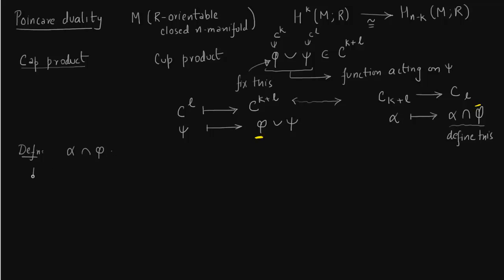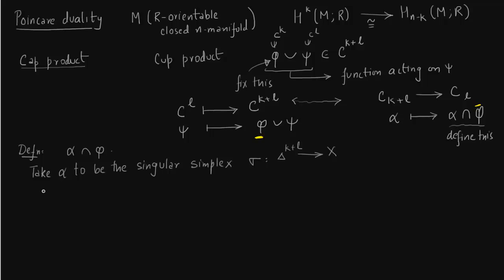First we have to take a representation of element alpha. It after all lies in the chain complex. It lies in the K plus Lth part, and you already know that elements of the chain complex CK plus L are singular simplices of dimension K plus L. So it is just the singular simplex sigma.